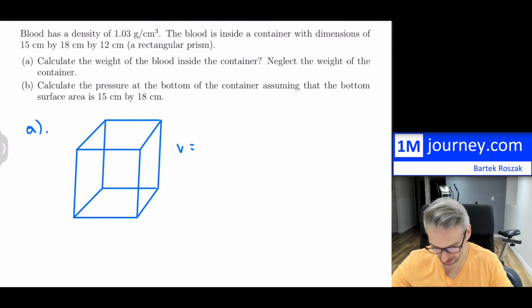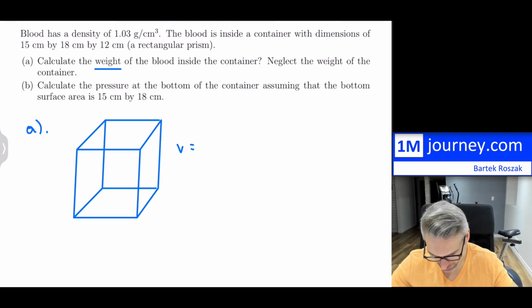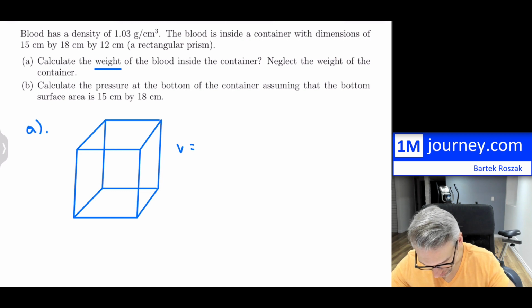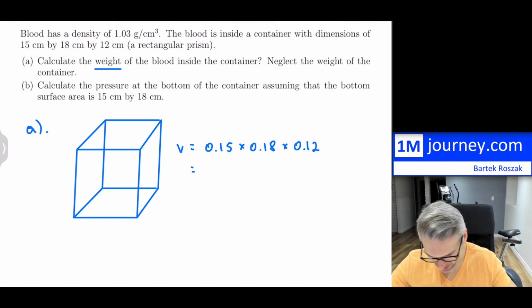I'm going to keep it in metric standard units, because if I want to know the weight, I want to use the metric standards. So the volume is 0.15 meters times 0.18 meters times 0.12 meters. All right, so that is my volume in general.